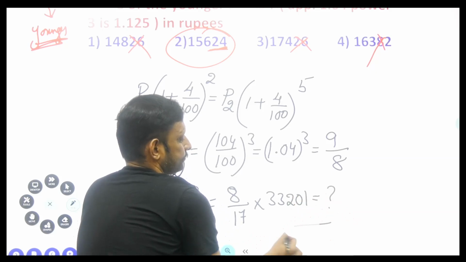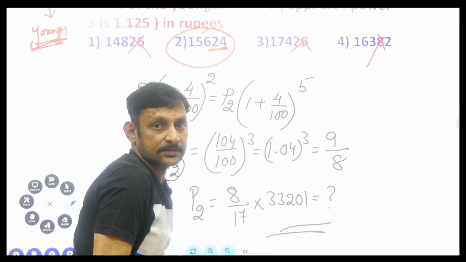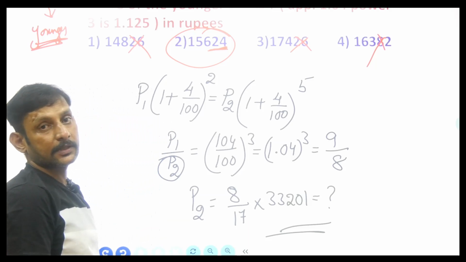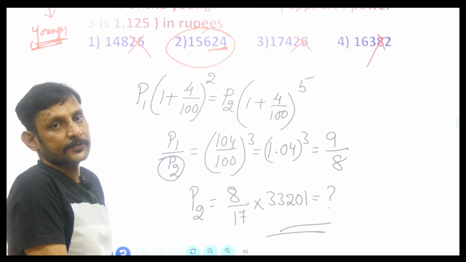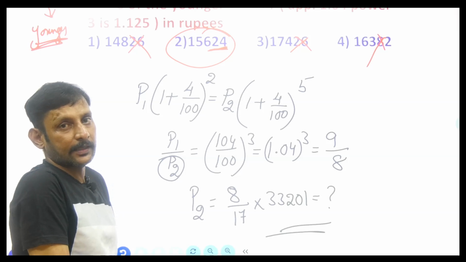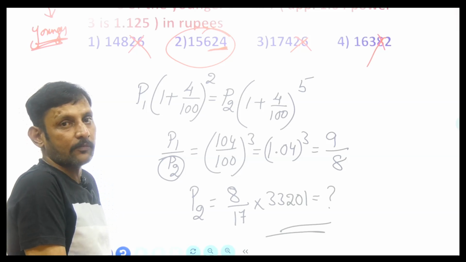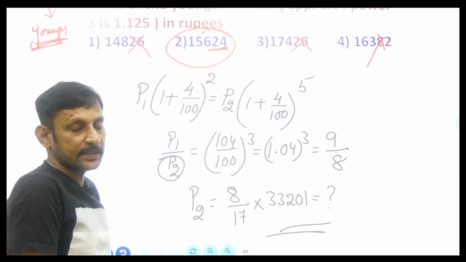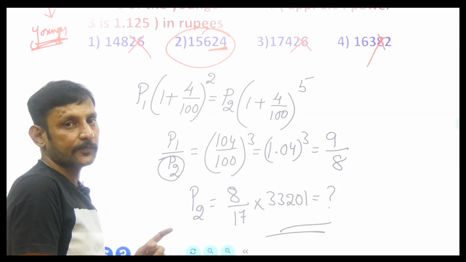What is the answer? This is the actual process, but according to the elimination method, when the options are given, you can directly find the multiple of 4, which is given in the second option.